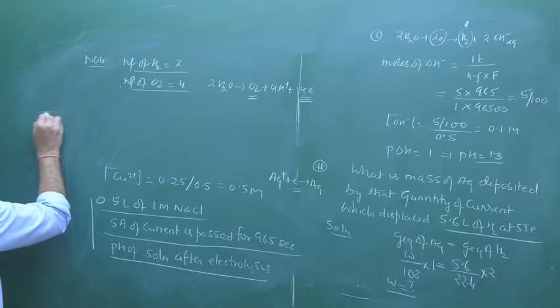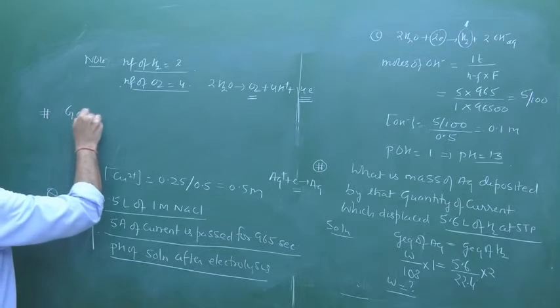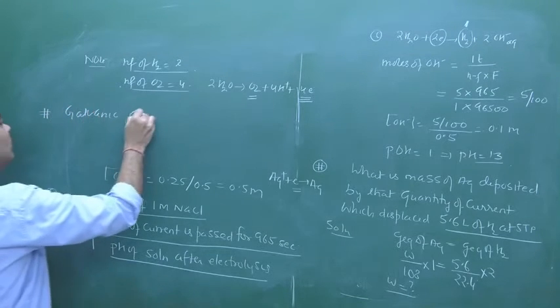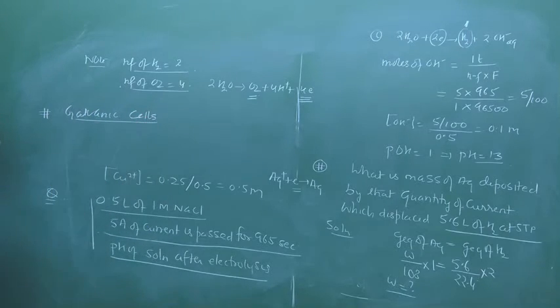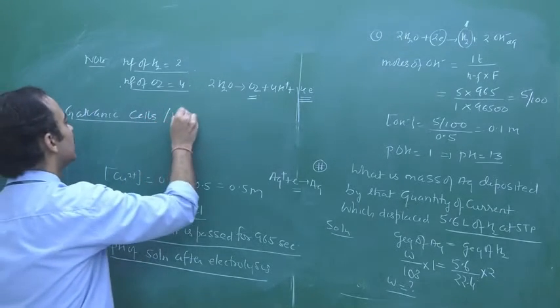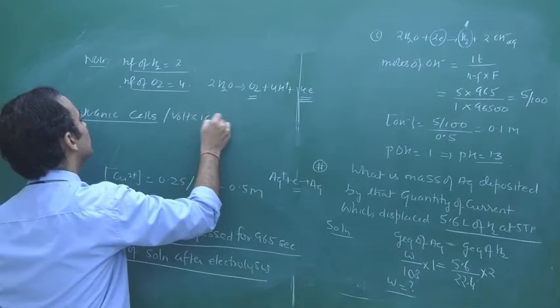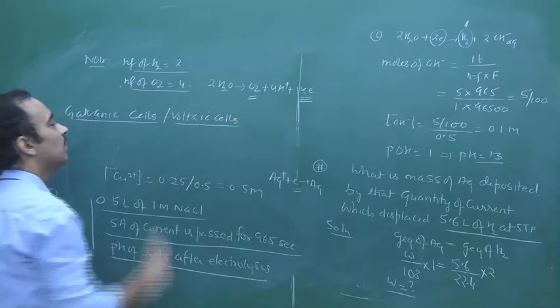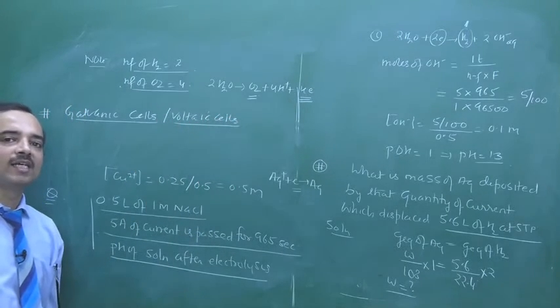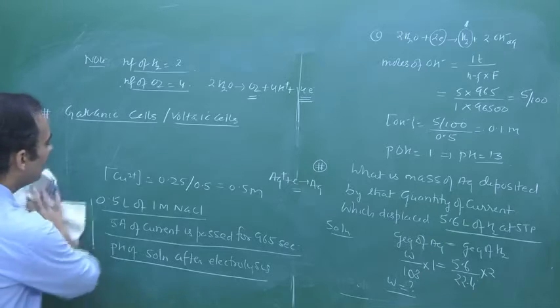Now let us come to another section. Another section is galvanic cells or voltaic cells. What are galvanic cells?